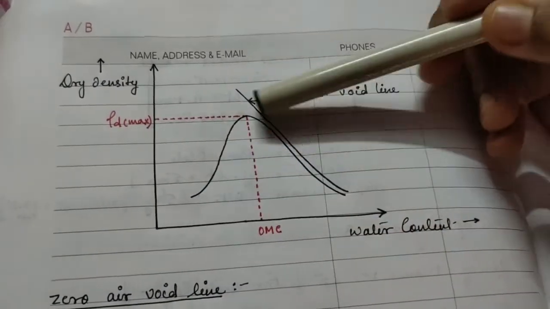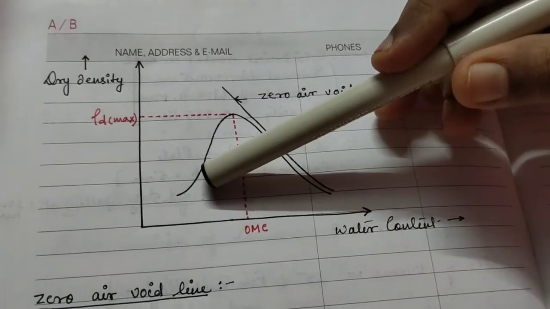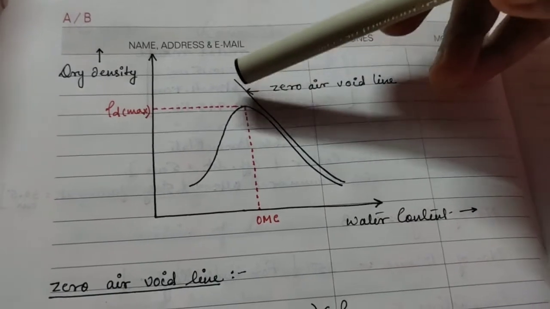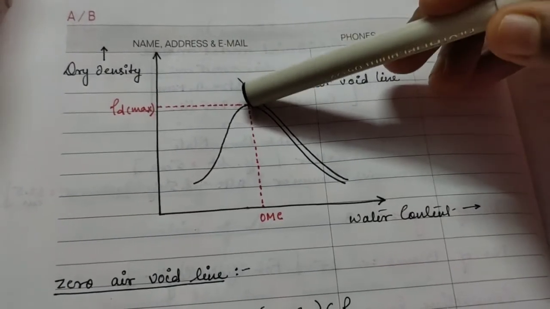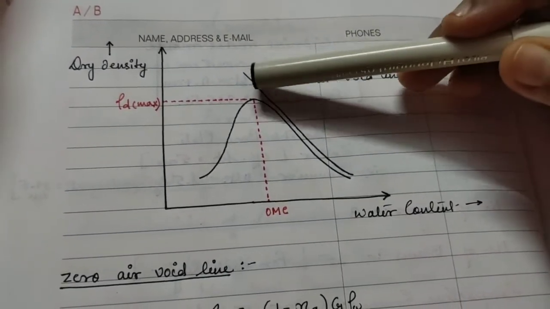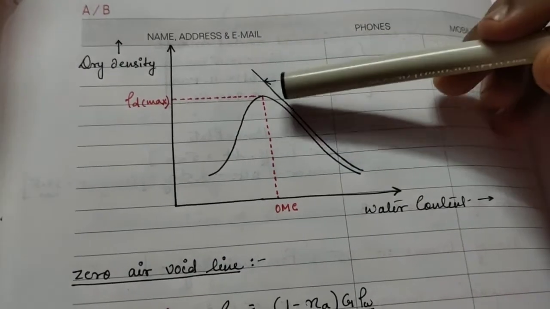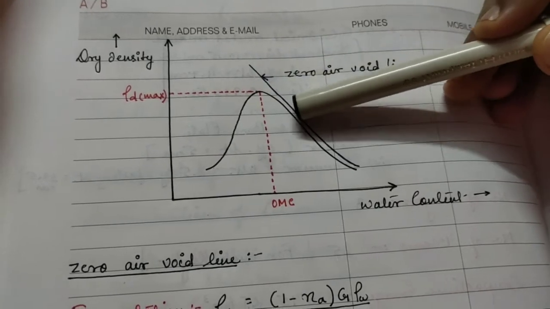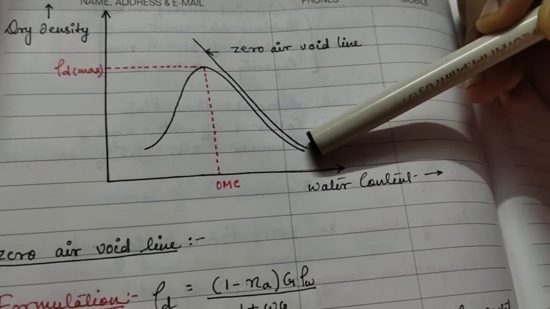As we can see in the curve, the dry density keeps increasing as the water content increases, till a maximum point is reached. After that, as the water content increases further, the dry density goes on decreasing.